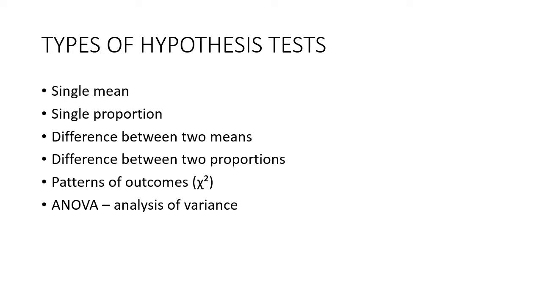Then when we look at tests involving populations that are more than one, for example 2, we have the difference of 2 means and the difference of 2 proportions. Then we also have patterns of outcomes. That's the chi-squared test. And lastly, we have ANOVA, which is analysis of variance.